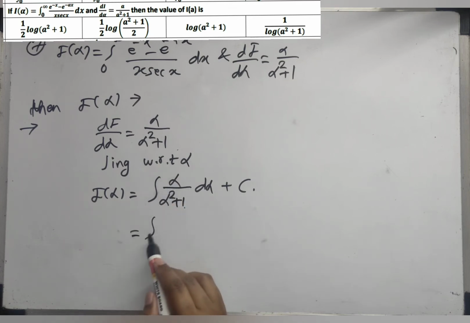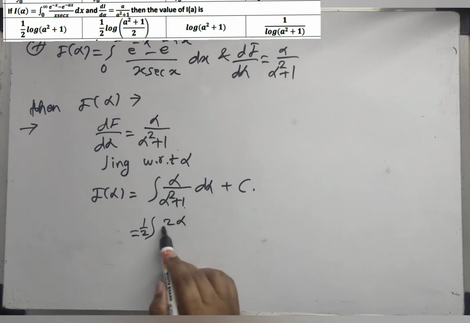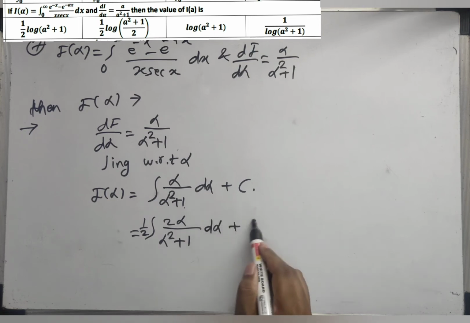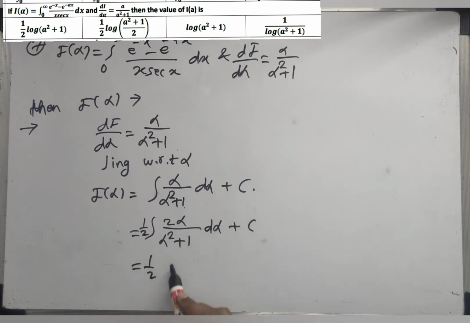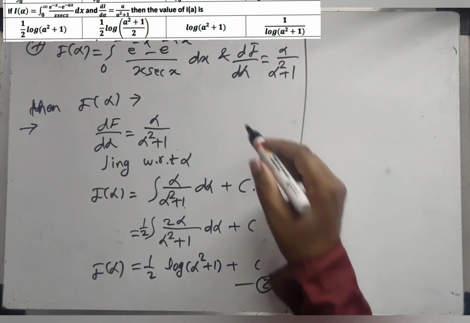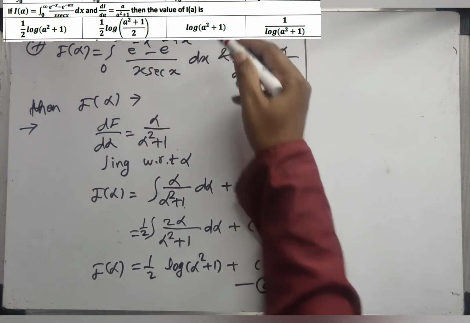So 2 adjusting, so it is 1 upon 2 into 2 alpha upon alpha square plus 1 d alpha plus c. It is 1 upon 2, this is log of alpha square plus 1 plus c. So I of alpha is equal to 1 by 2 log of alpha square plus 1 plus c. Called as equation number 2. This original integral called as equation 1.